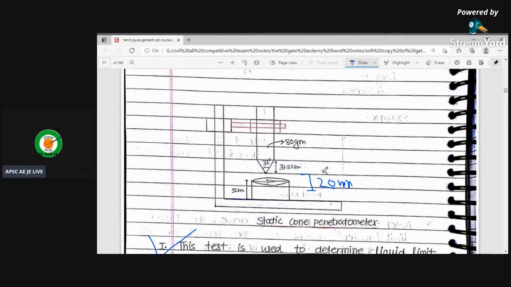So after 20 mm penetration, if you measure the water content by putting in oven, the water content which we measured is nothing but the liquid limit. Okay.